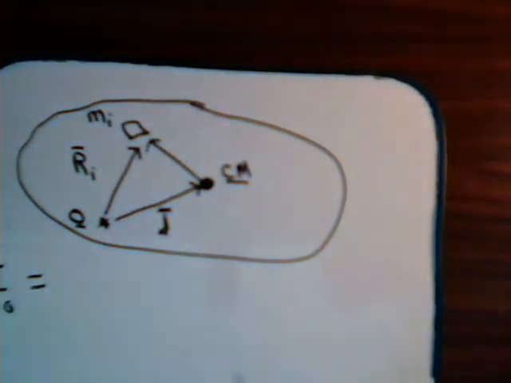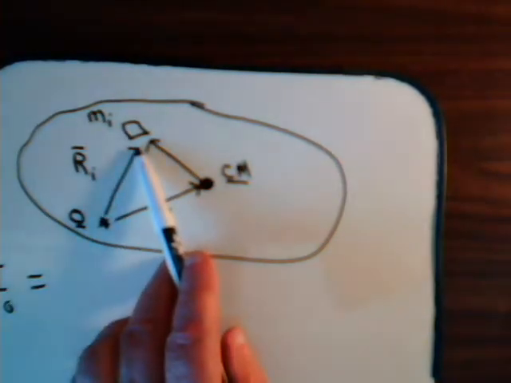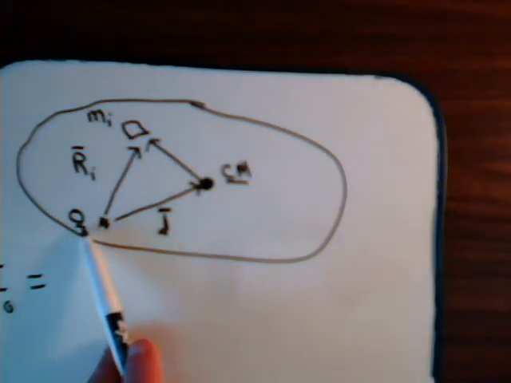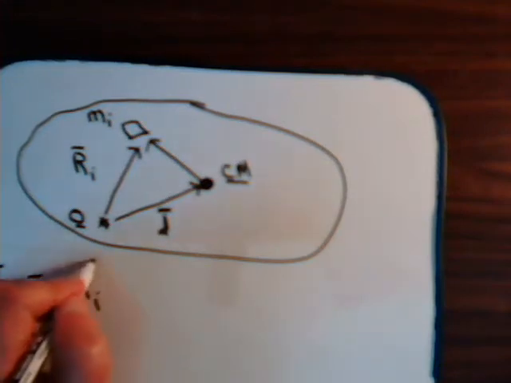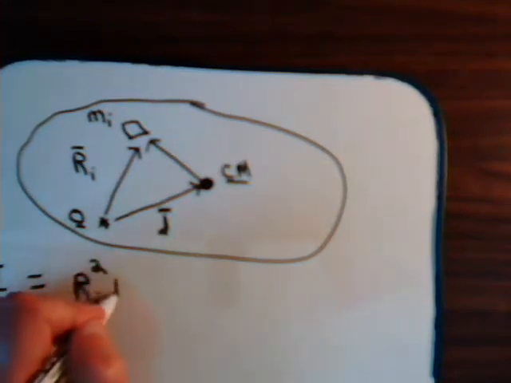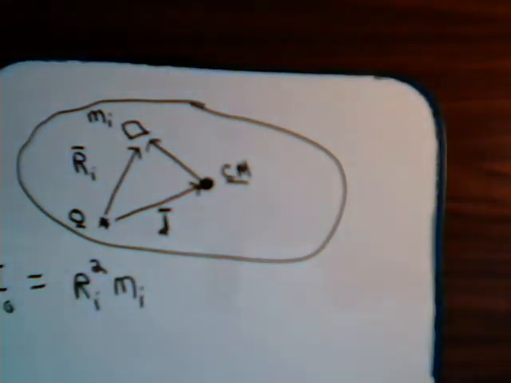that will equal the position vector for each particle mi from point O. Of course, it's that squared times the mass of each particle mi.